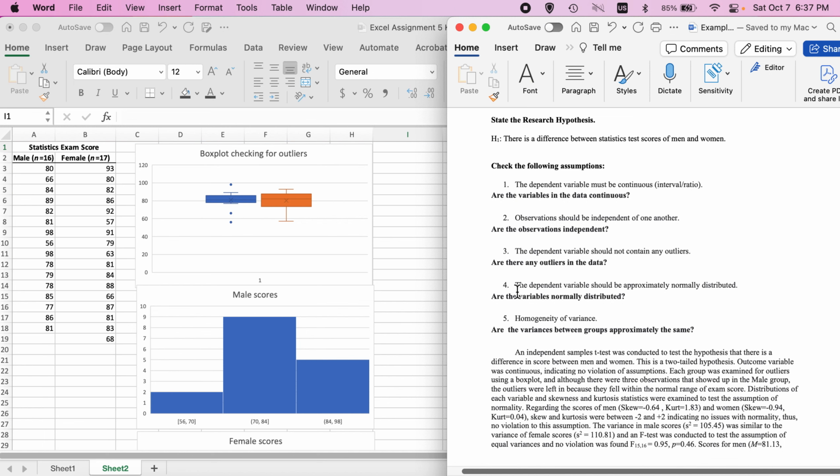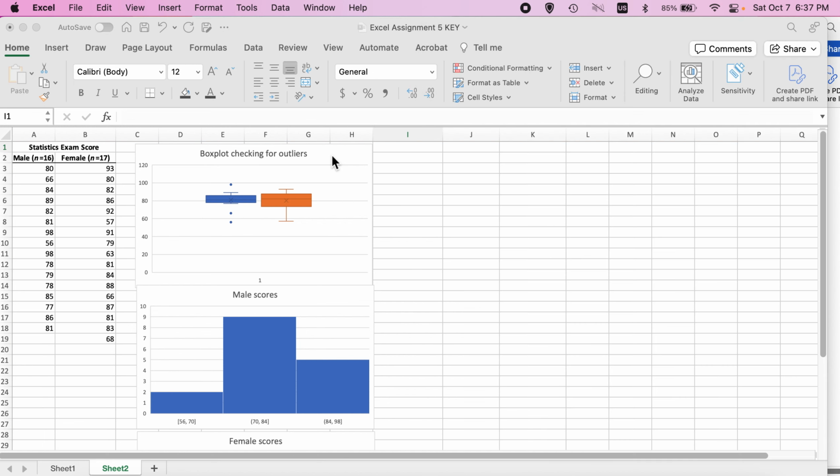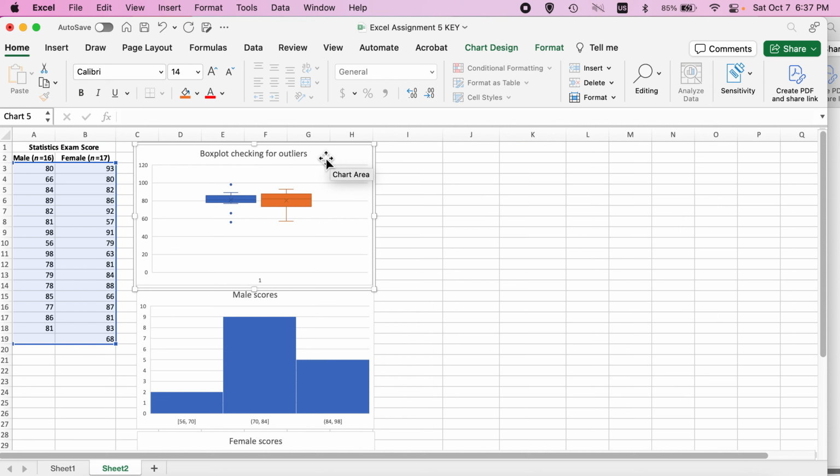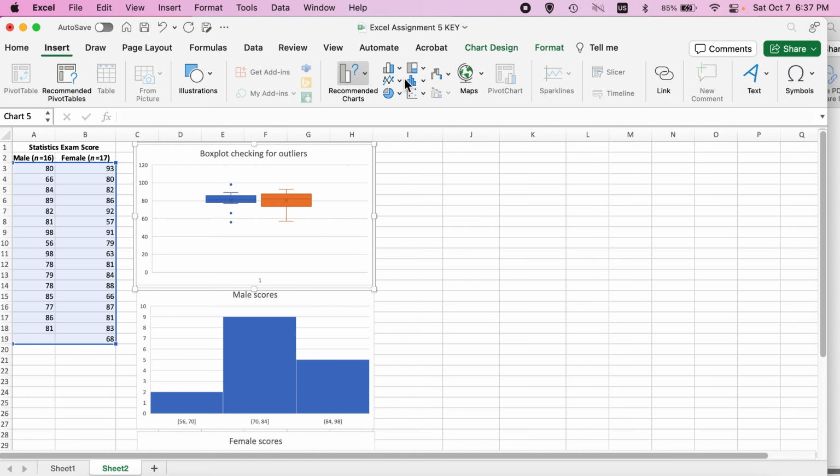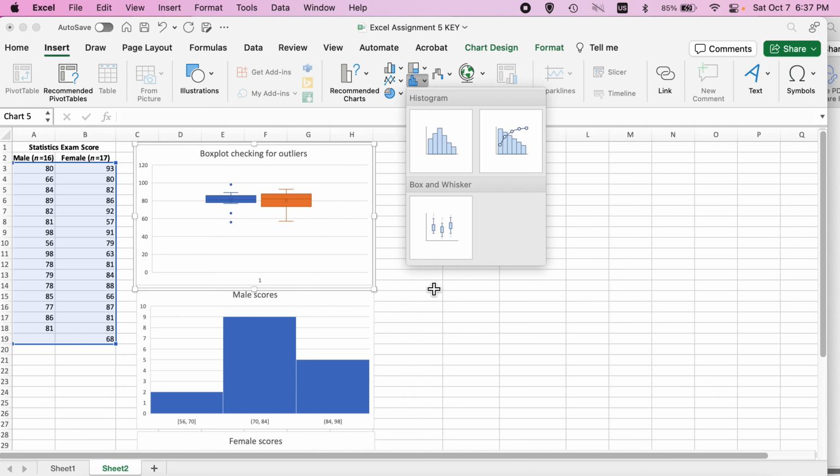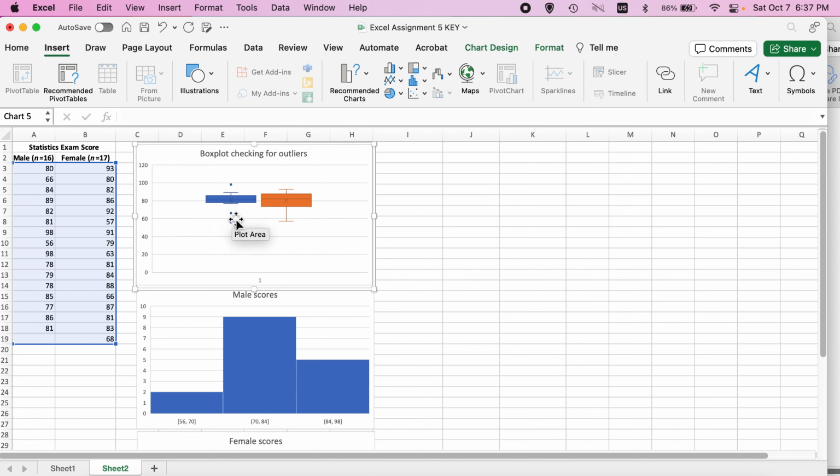As far as outliers, to check outliers, we ran a box plot. We just went to insert and found the box plot right here, and pulled this up. Now, it looks like this is saying there are outliers.